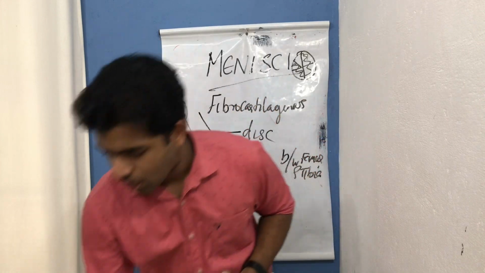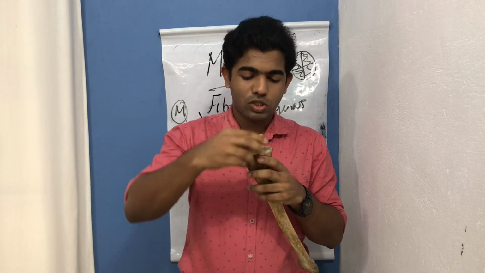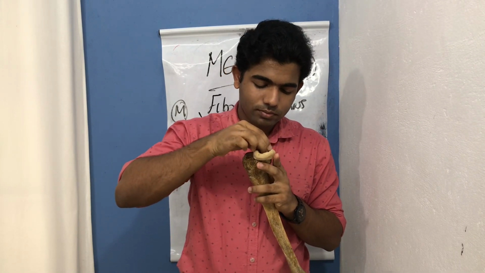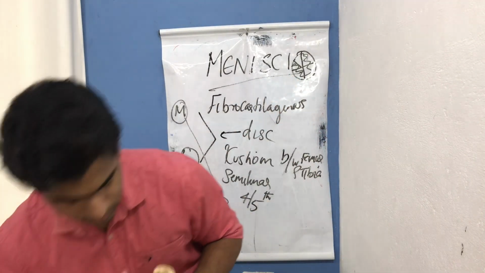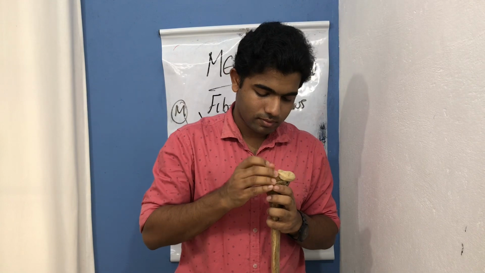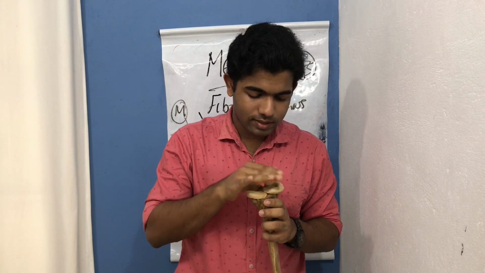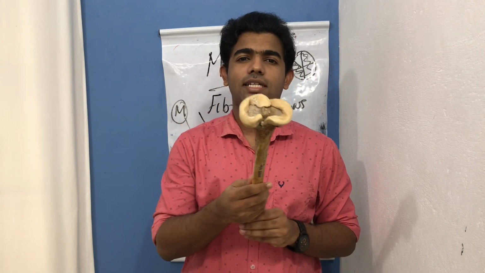Now let us see how the meniscus is arranged. I'm just demonstrating that for you. This is how the medial and lateral menisci would be.